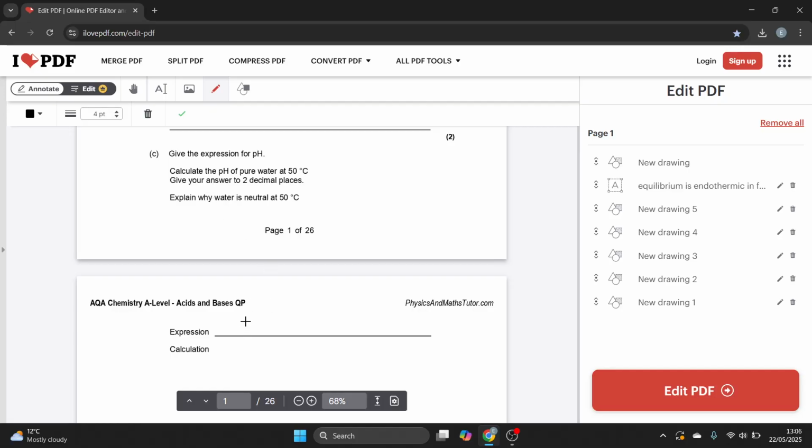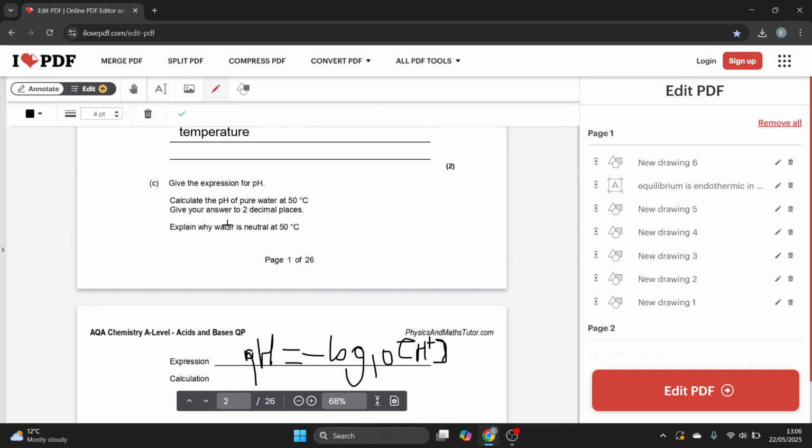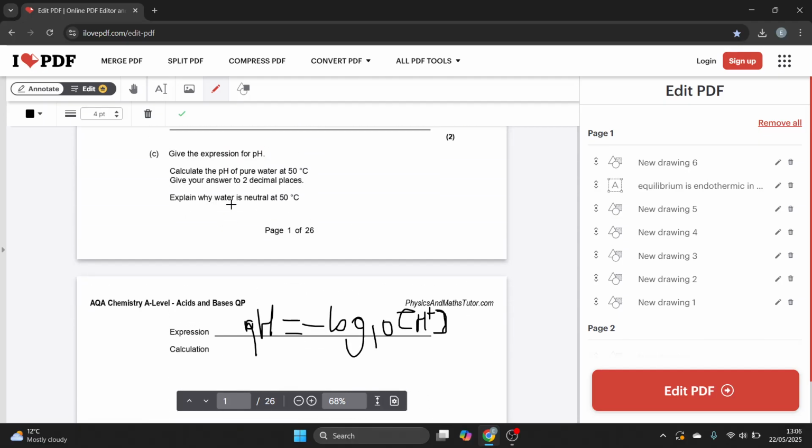Expression for pH of water: the recalling of an expression, which unfortunately you just have to memorize. I think almost 90% of chemistry is memorization. Then it says calculate the pH of pure water at 50 degrees Celsius.